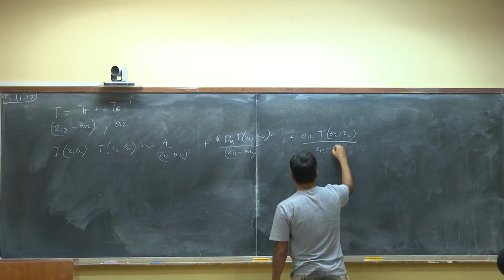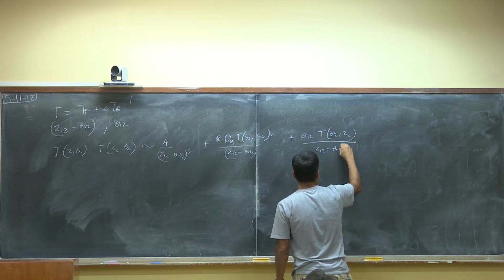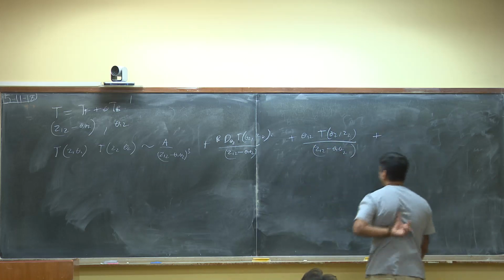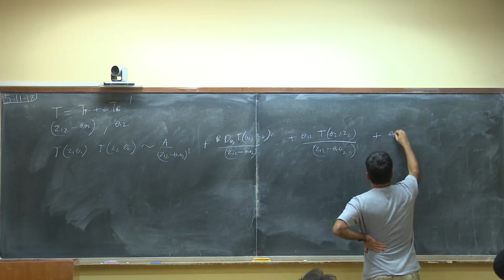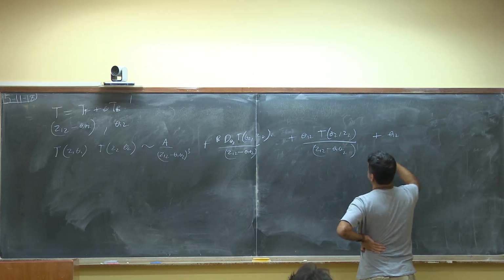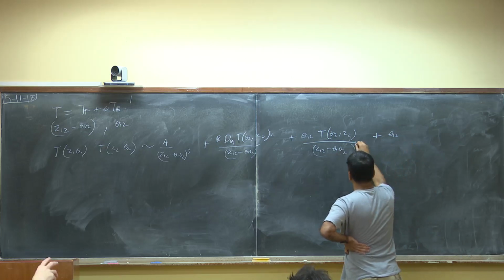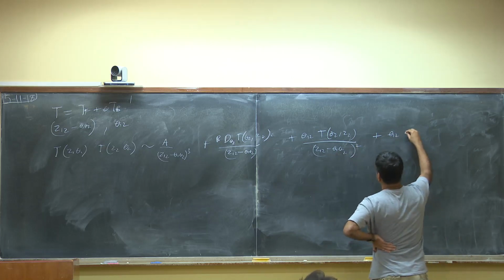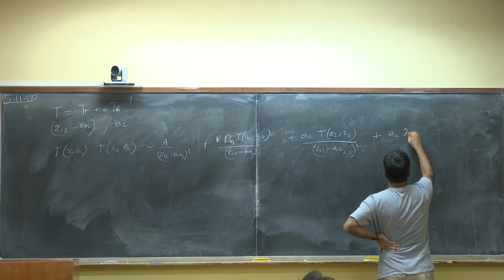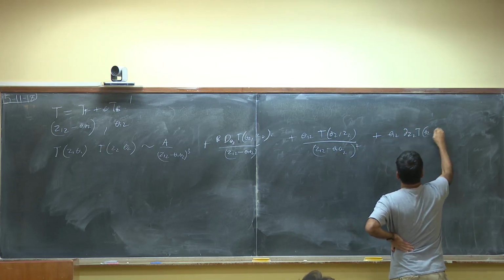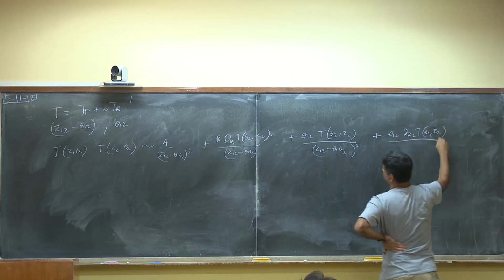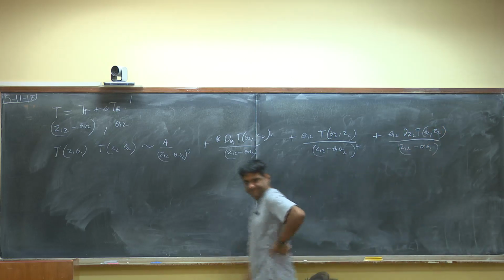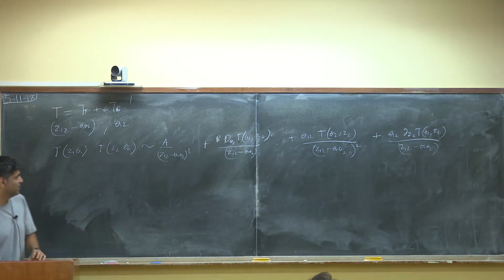So Z12 minus theta 1 theta 2, and then plus we could have a term which was theta 1 2 squared, and then there was this times dz2 T of theta 2 Z2 divided by Z12 minus theta 1 theta 2, the whole thing to the power 1. This is the most general structure.